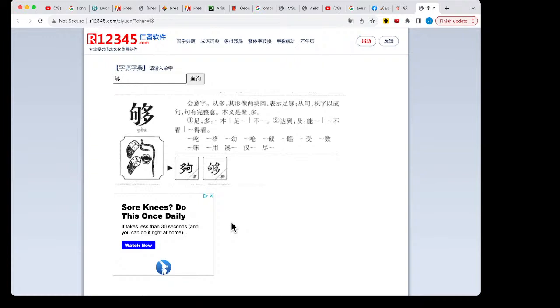A sentence has to accumulate characters to form a sentence, right? So you have to accumulate enough characters in order to form a sentence. So 句 means complete, a complete sentence for delivering meaning, and therefore they use that to mean enough.